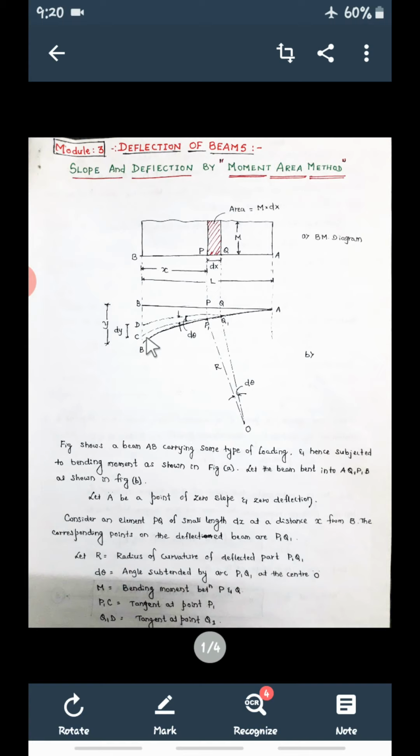So this height dc, indicated as dy, is equal to x into d theta. Like the p1 q1 arc length, R into d theta, which you found. Same thing here: the angle is d theta and this length is x, so dy is equal to x into d theta.